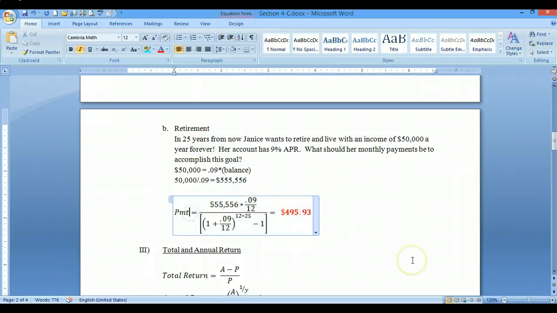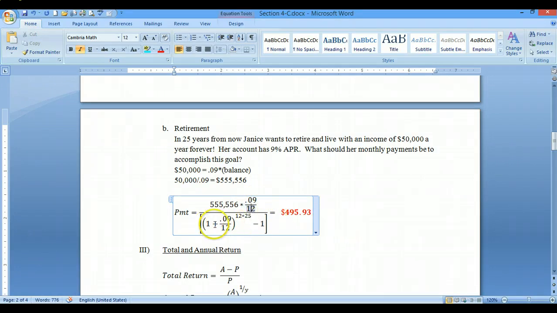So we take our payment formula, which was really the savings plan formula solved for payment, and we put in A, $555,556 because we rounded up from the 0.5, times APR is 0.09 over N, which is 12.